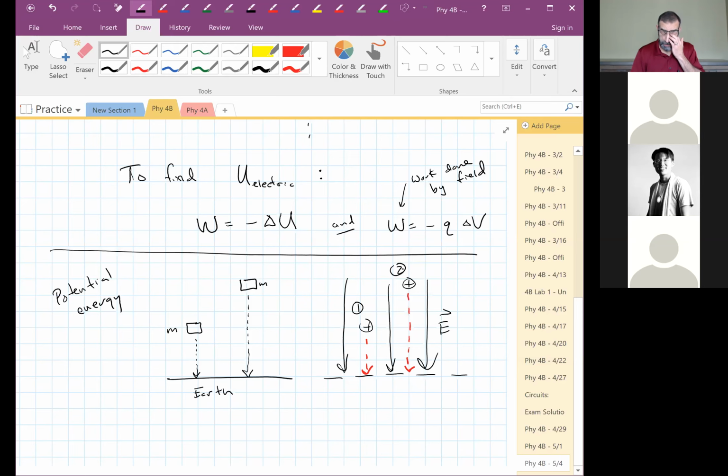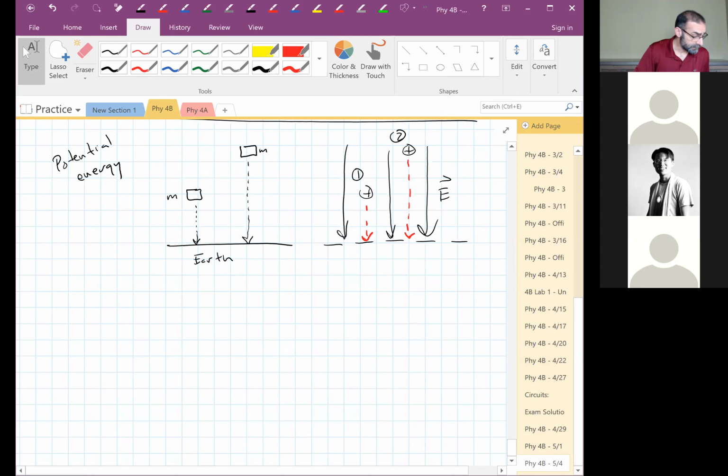Okay, so one thing we do with potential energy is we think about how much energy it takes to bring charges together, a system of charges.